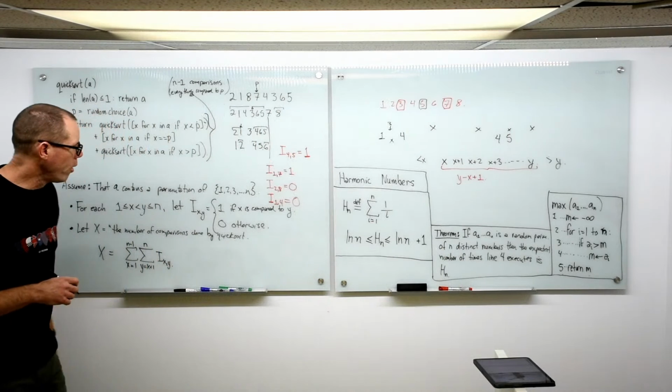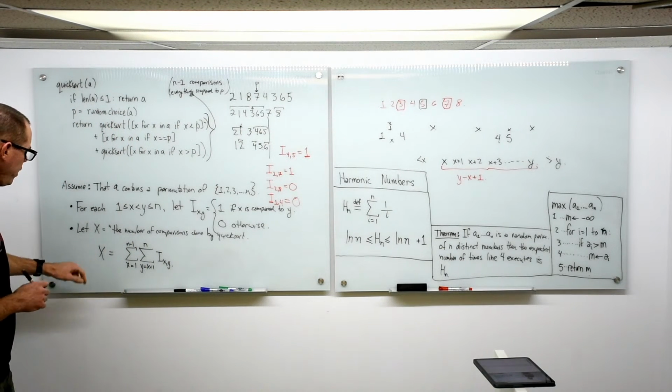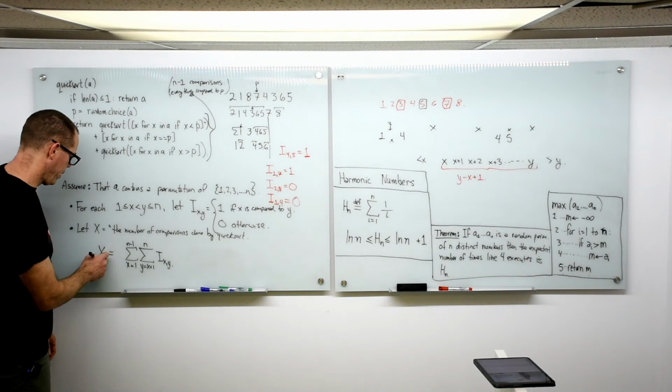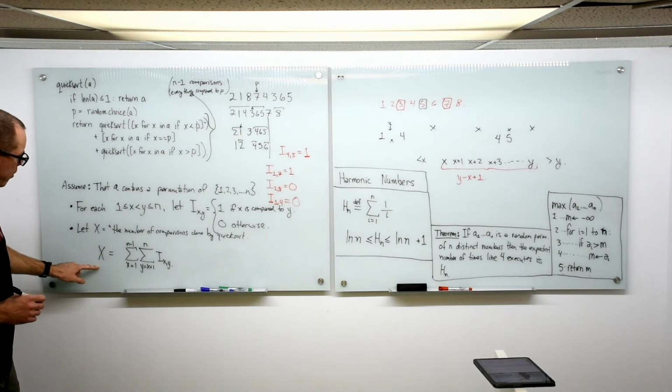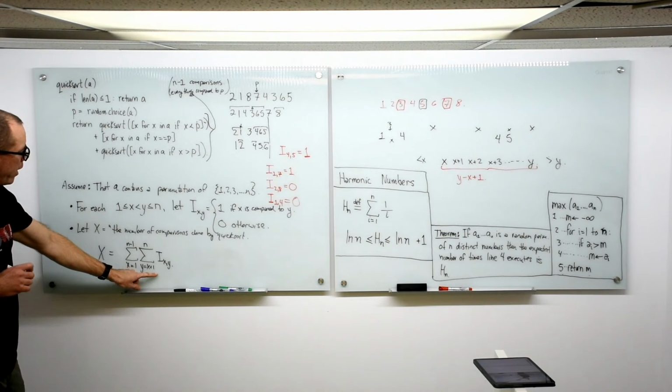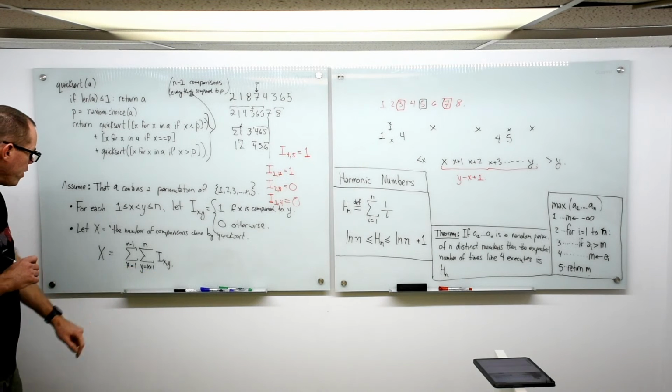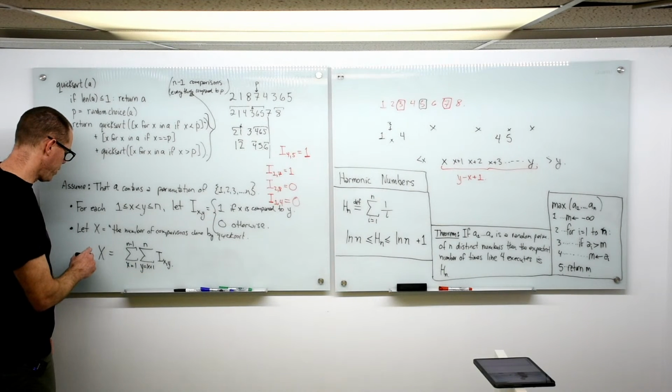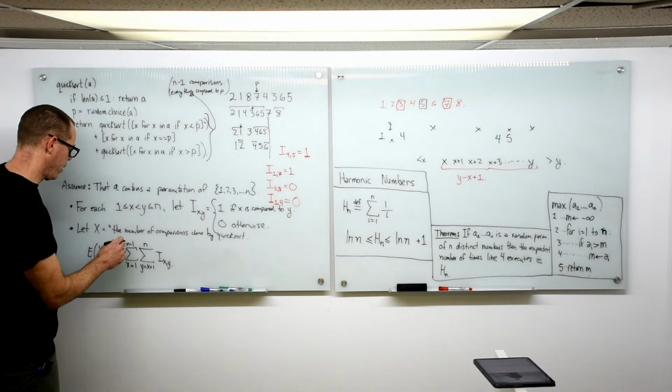So now we chug away here. So this is the number of comparisons performed. And we can write it as the sum of these indicator random variables, which means, of course, that the expected number of comparisons is the expected value of that sum.